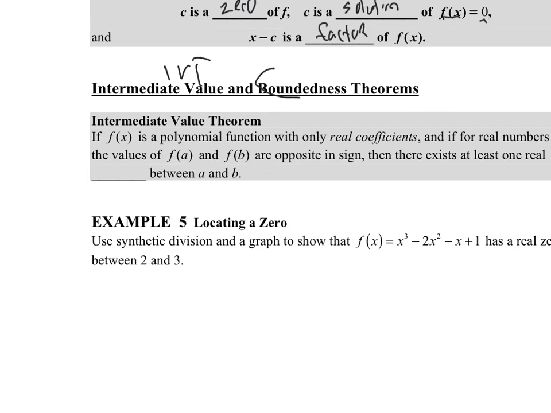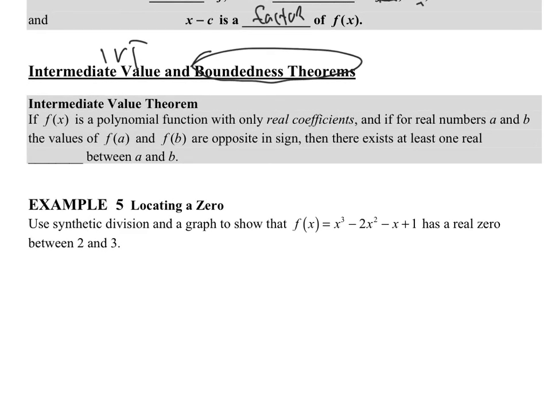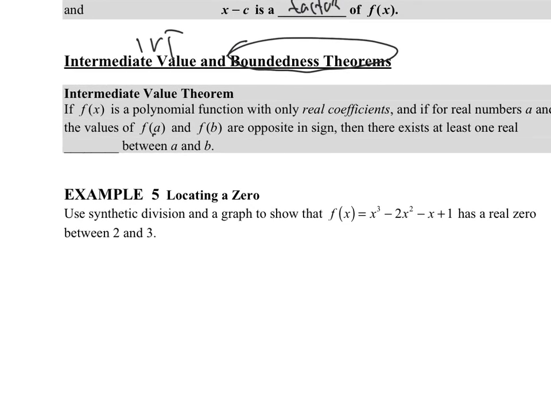I don't know if we'll spend any time on boundedness, but intermediate is important because it's in calculus too. If f of x is a polynomial function with only real coefficients, for all real numbers a and b, the values of f of a and f of b are opposite in sign. So we're looking at 2 points.